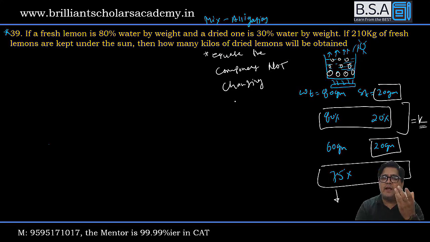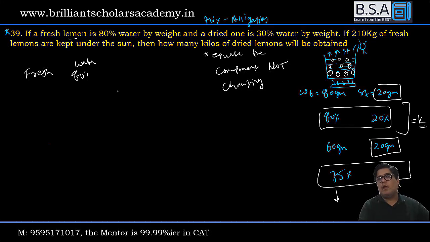I can show you in CAT past year papers, a similar question appearing maybe 3 times. A long time ago, around 2007-8, there was a question somewhat like this. And recently in 2016-17, there was a question. It involved decimal calculations, but the concept was the same. When the lemon is fresh, it will have 80% water.